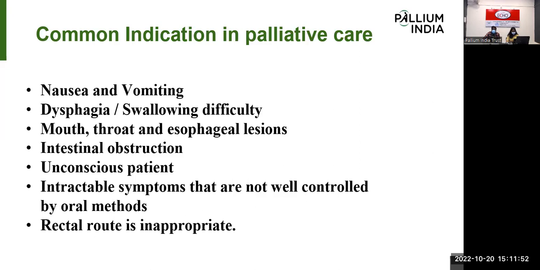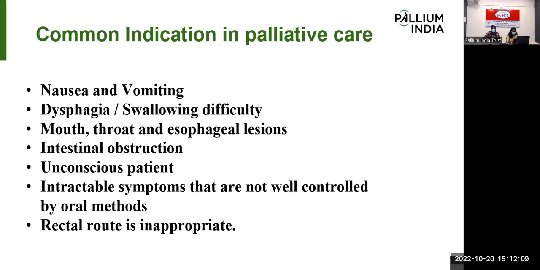Then we already discussed the non-parenteral route: if we can't give orally, we can choose the rectal route. Many of you from your group already gave the answer that the rectal route is another route if oral is not possible.